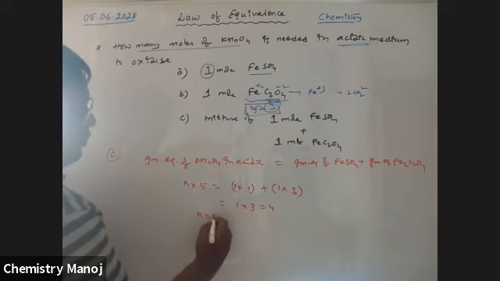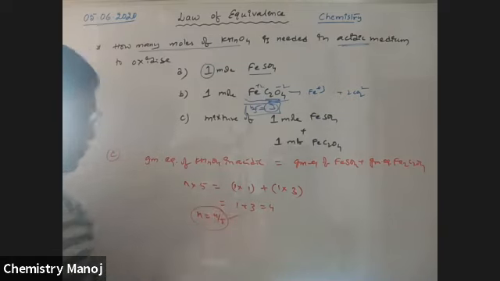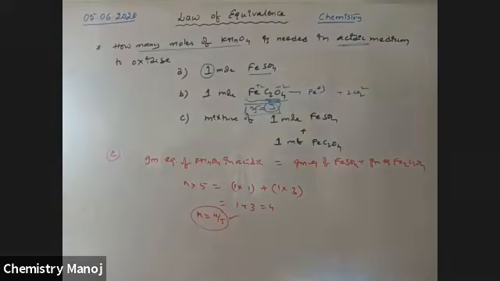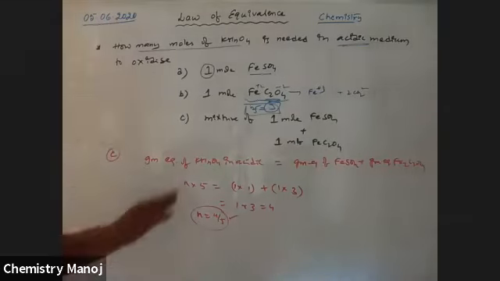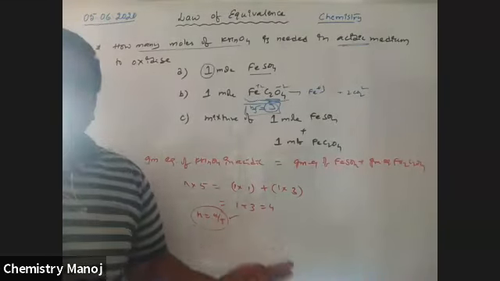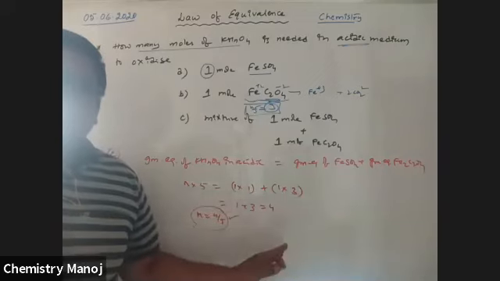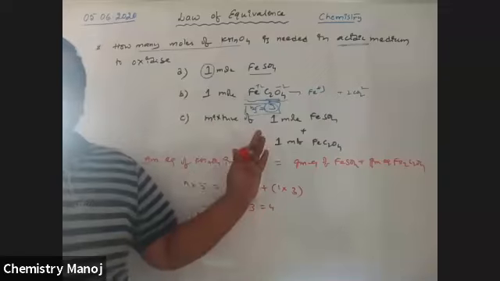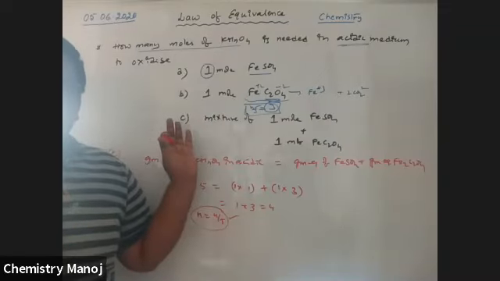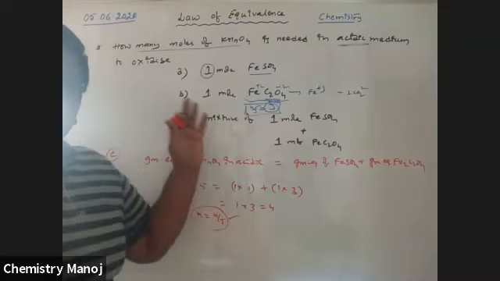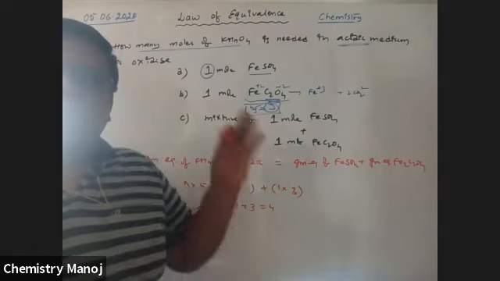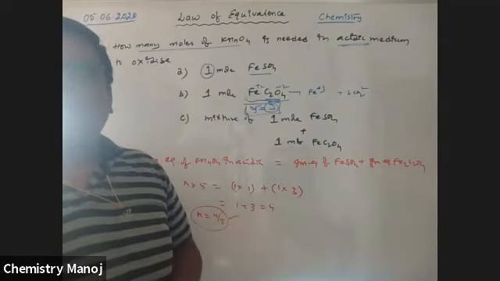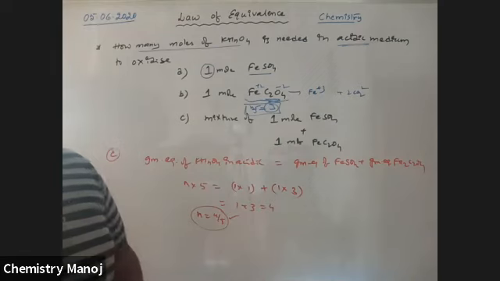Therefore, N is equal to 4 by 5, the answer. This is the way to find out how many moles are required. The same model problem I already calculated yesterday. You should remember the answer.